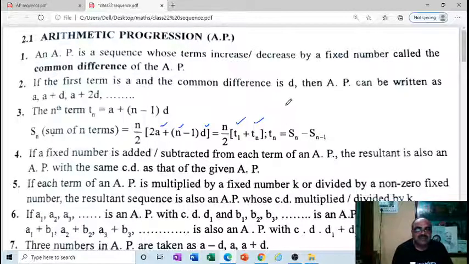If I have to find T5, it is S5 minus S4, the first 5 terms minus the first 4 terms. That is Tn. So friends, formula 1, formula 2, formula 3, and lastly this formula.